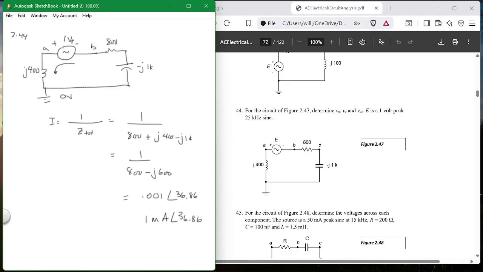Now, if it's going in this direction, the plus is on the top, so VA is equal to I times J400.